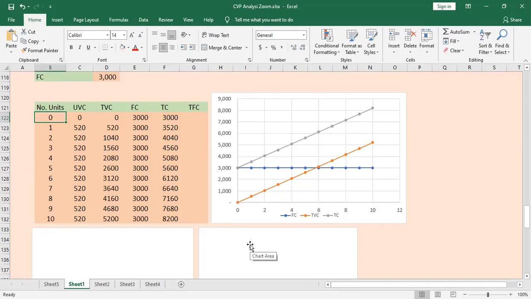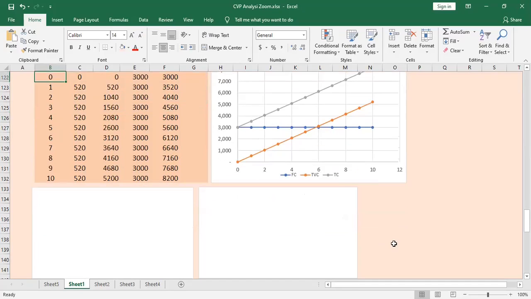Right. So let me give you some understanding about each and every element: fixed cost, unit fixed cost, unit variable cost, and all that. Now, if you want to understand unit variable cost, first let me discuss fixed cost. Right.